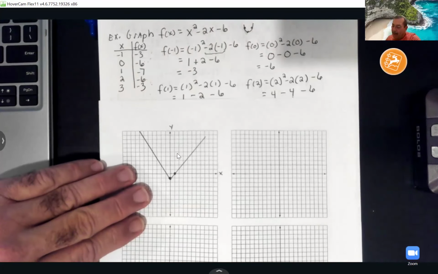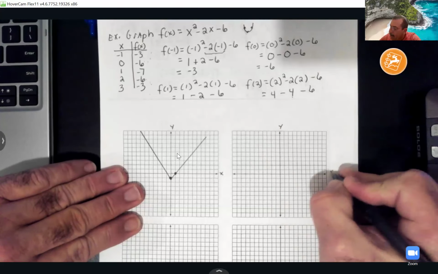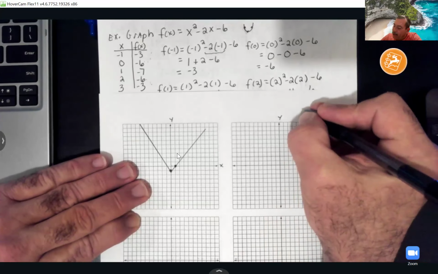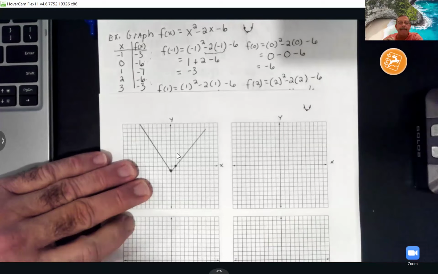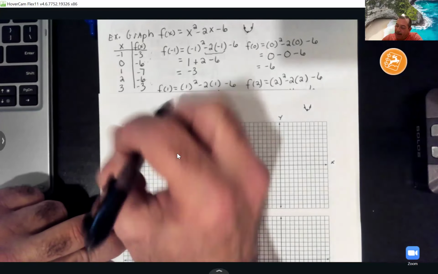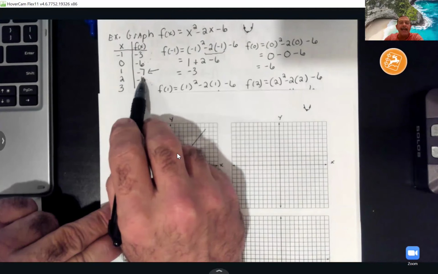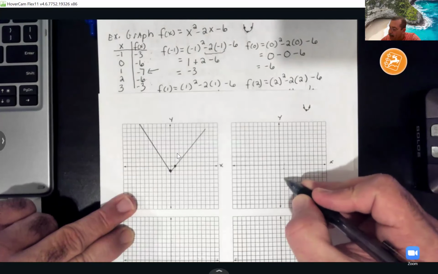So on that one, we're choosing the U-shape 3-point quadratic. And then I always do my middle numbers first on these out of habit. So I would do 1, -7 first. So go right 1 and down 7.